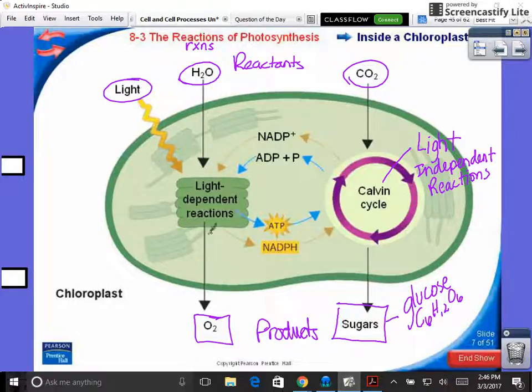Light strikes these stacks of thylakoids, and with water, the product of oxygen is produced. Remember, our goal was to synthesize energy in the form of sugar, but along the way one of the things produced is oxygen. That happens when this water molecule is split apart and oxygen is the product.